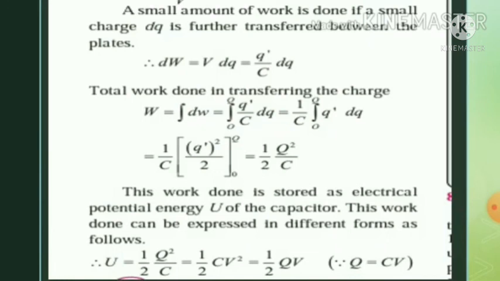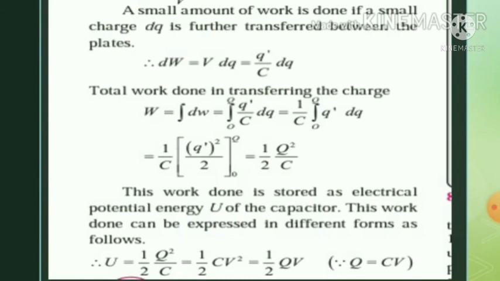Then we can write W equal to 1 upon C into capital Q square divided by 2. Then rearrange this equation. Then we can write W, that is total work done, W equal to 1/2 Q square upon C.